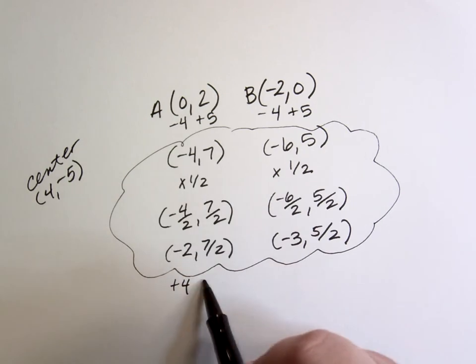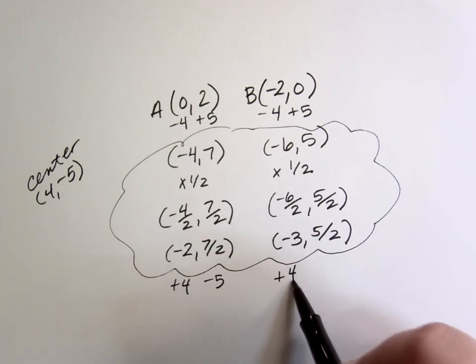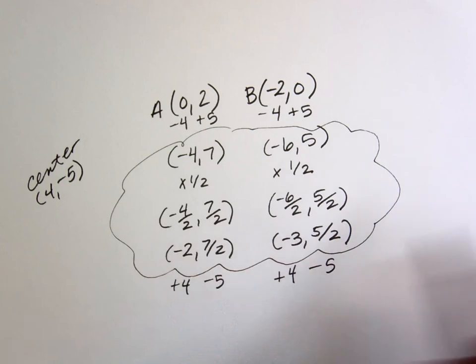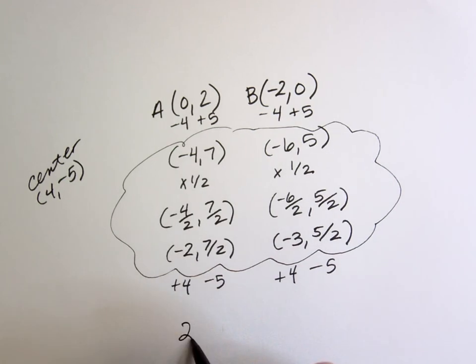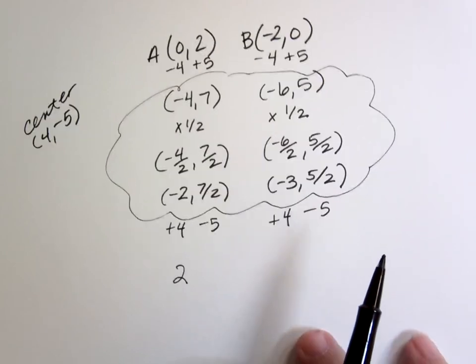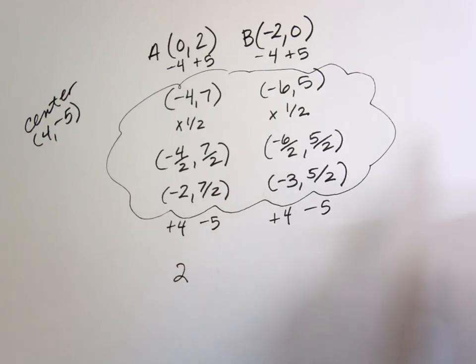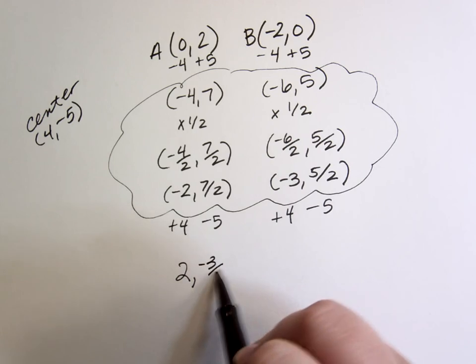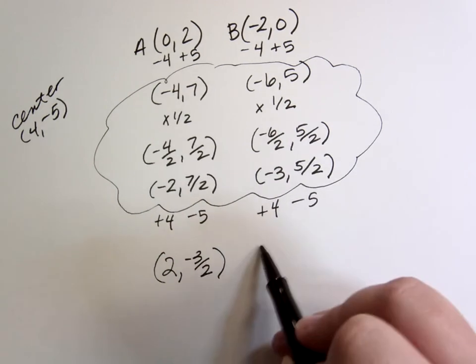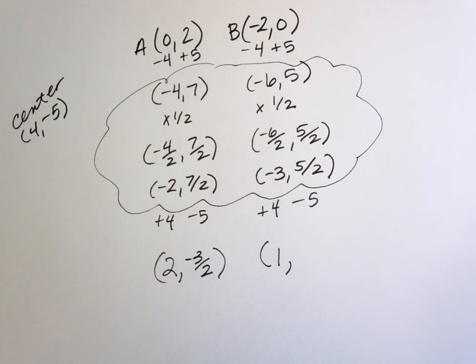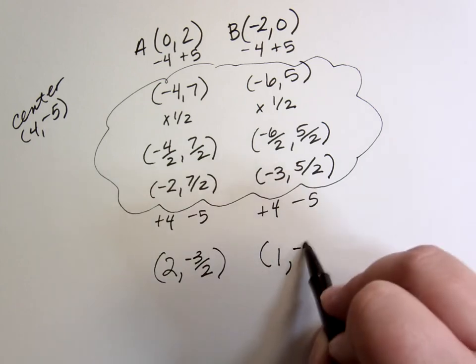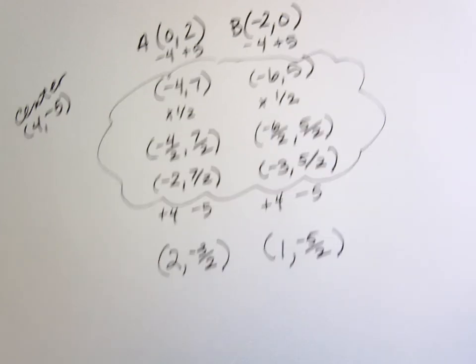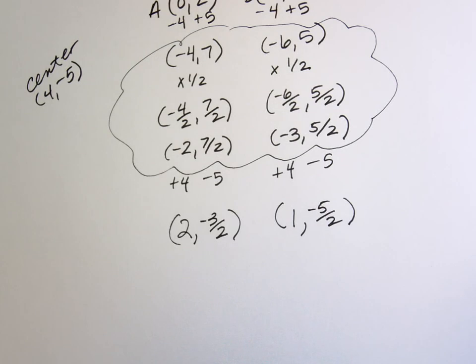Added 5, I'm going to subtract 5. The fractions make it a little bit messy, so if you need to, work on that on a separate sheet of paper and get your common denominator. This is 2, negative 3 halves, and this is 1, negative 5 halves. These are 2 points that are on my line after the line has been dilated.